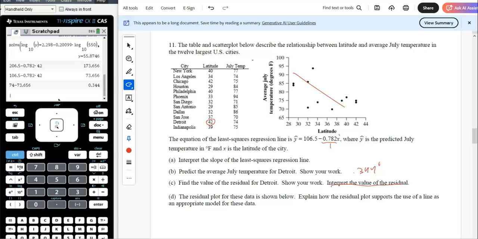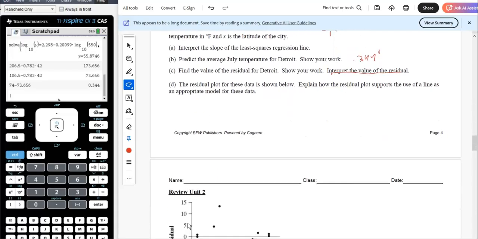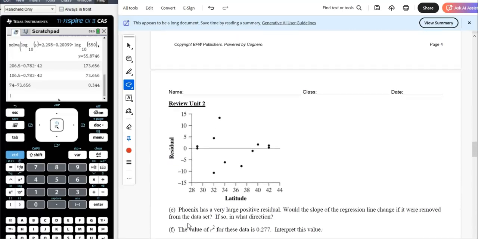The actual value was 0.344 degrees greater than what our prediction was for Detroit for the average July temperature. Shown below, explain how the residual plot supports the use of a line as an appropriate model. So that's scattered. Because the residual plot is scattered, it is a good linear fit.